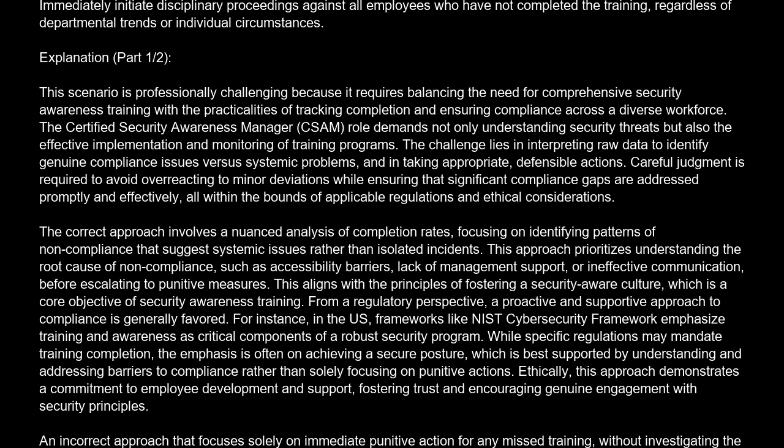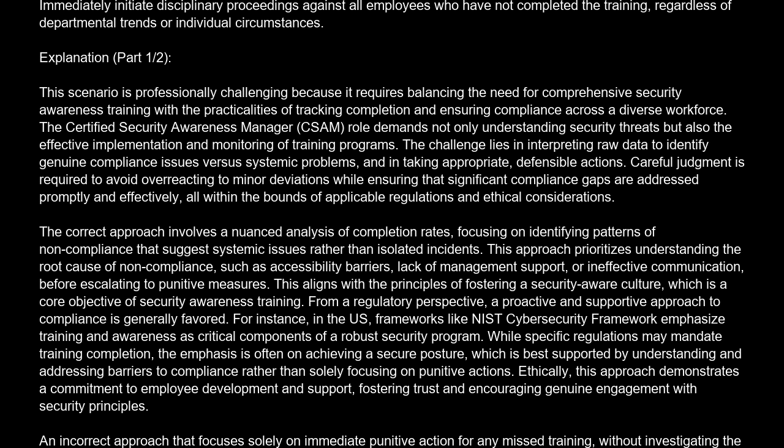Explanation: this scenario is professionally challenging because it requires balancing the need for comprehensive security awareness training with the practicalities of tracking completion and ensuring compliance across a diverse workforce. The Certified Security Awareness Manager (CSAM) role demands not only understanding security threats, but also the effective implementation and monitoring of training programs.